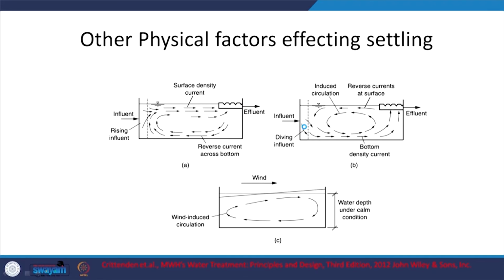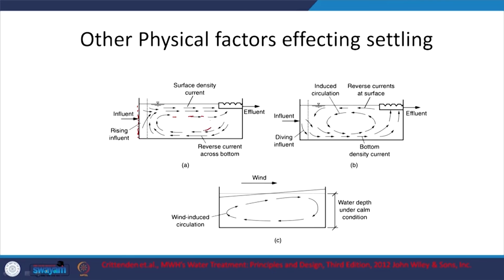One practical aspect with sedimentation tanks is that the energy of the influent, the way the water comes in, should be dissipated relatively well when it enters the tank, to avoid issues such as these. What are these? You have a rising influent, and that's causing a reverse current here.